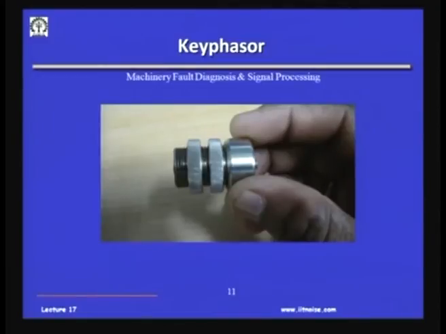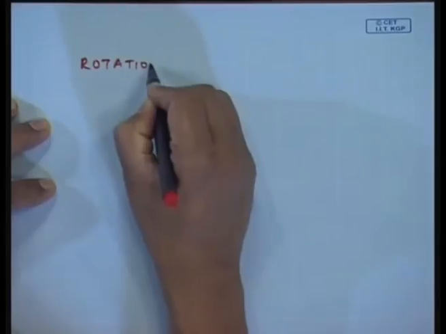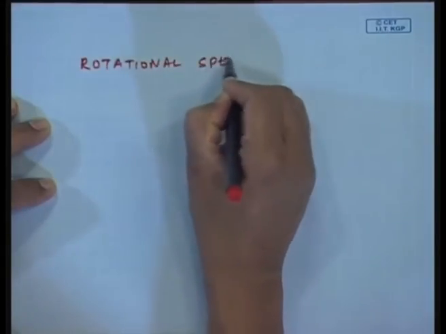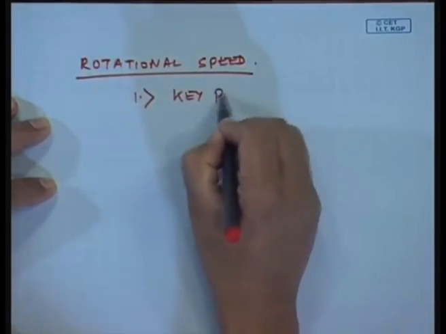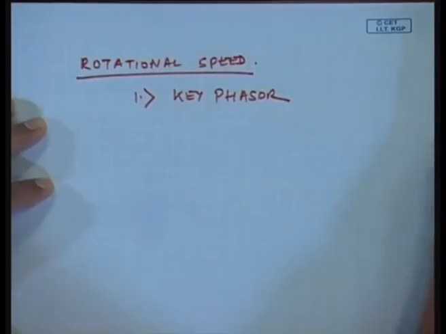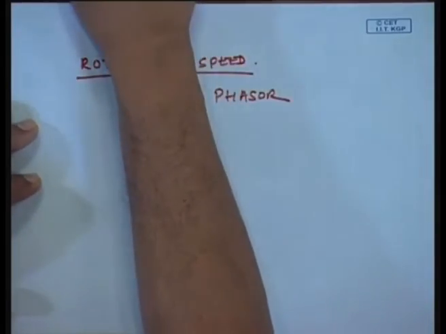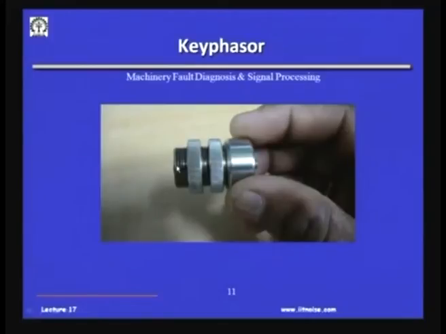Two important equipment are used to measure the rotational speed. So, one is the key phasor. What essentially you have is, you see there is a coil inside it, and once the shaft is rotating, of course, I do not have a shaft here, because of the keyway, the gap between the keyway and this is going to reduce every revolution, right.